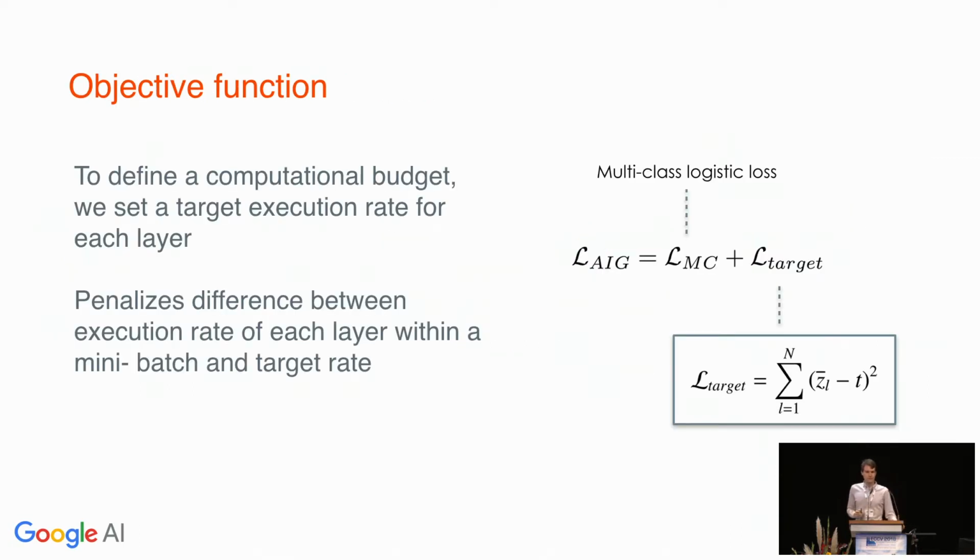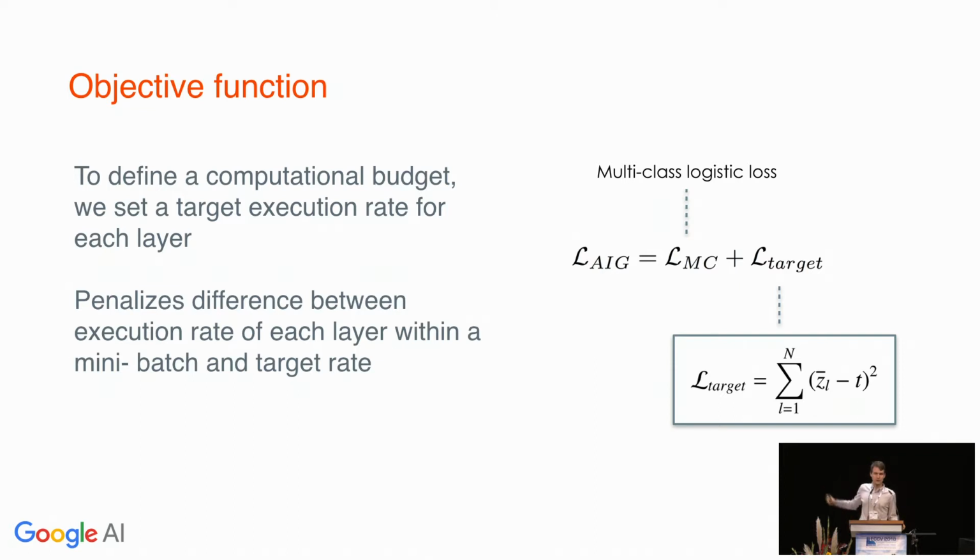One last part of technical detail is the objective function. And that's a relatively small change only. The first term is our normal softmax cross-entropy loss, so it's just some multi-class loss. But we also introduce a penalty on computation. That is important to encourage the network to not simply use all layers all the time.